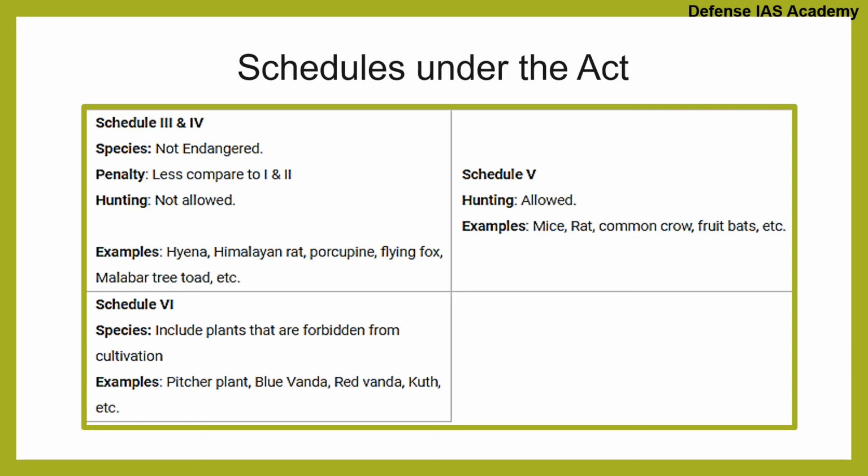Maybe my pronunciation is wrong. Then the pitcher plant. All these are the particular plants included under Schedule 6, whose cultivation and trade need prior permission from a competent authority.